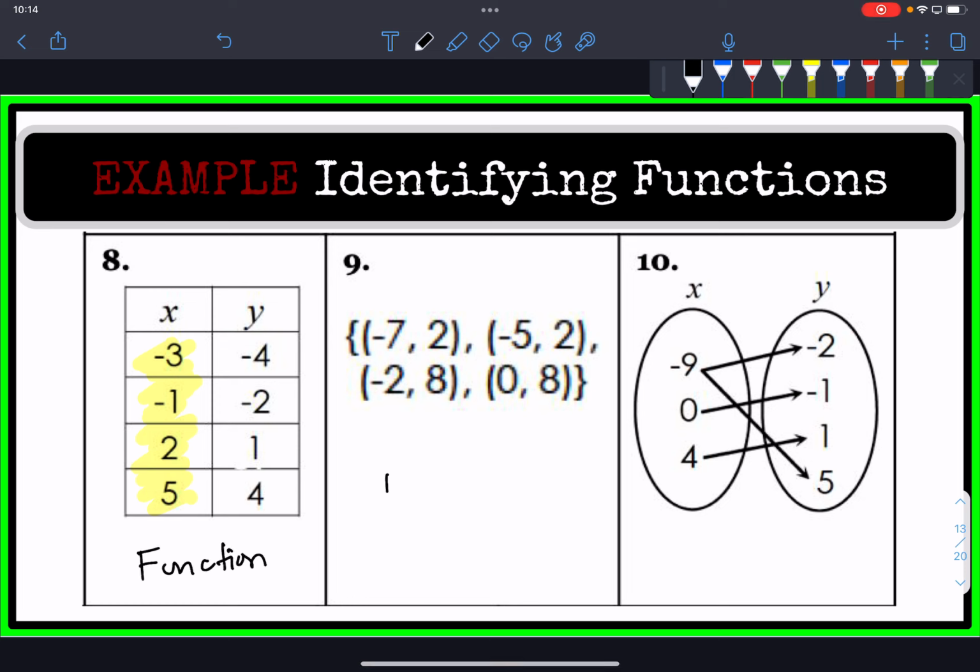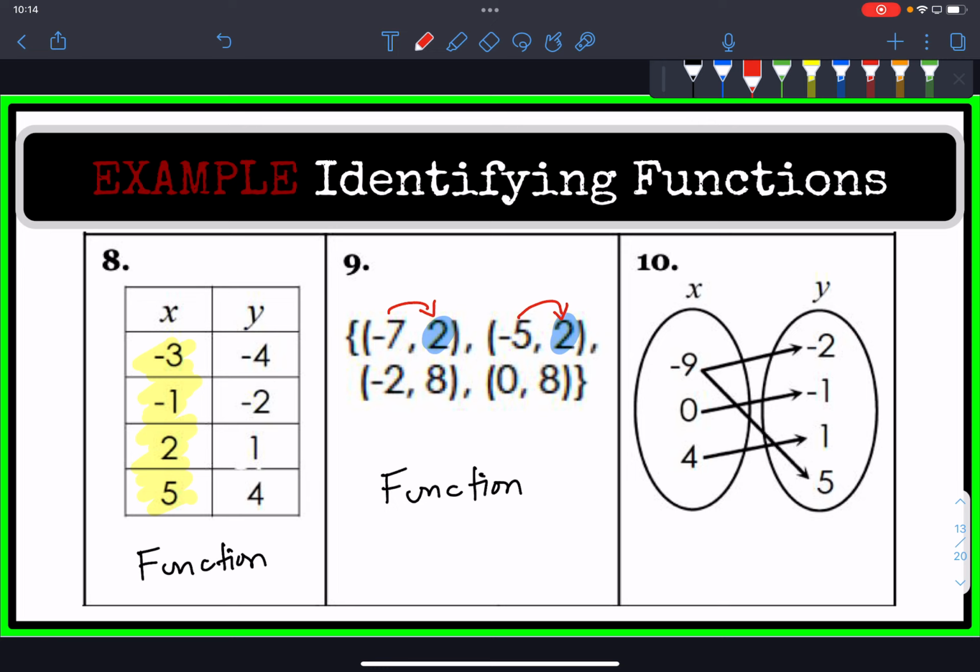Same thing with the second one. This is a function. And I know people get this one confused because they see the number 2, but -7 is only mapped to the number 2, and -5 is only mapped to the number 2. If -5 was mapped to the number 8 as well, or something else, then it wouldn't be a function.